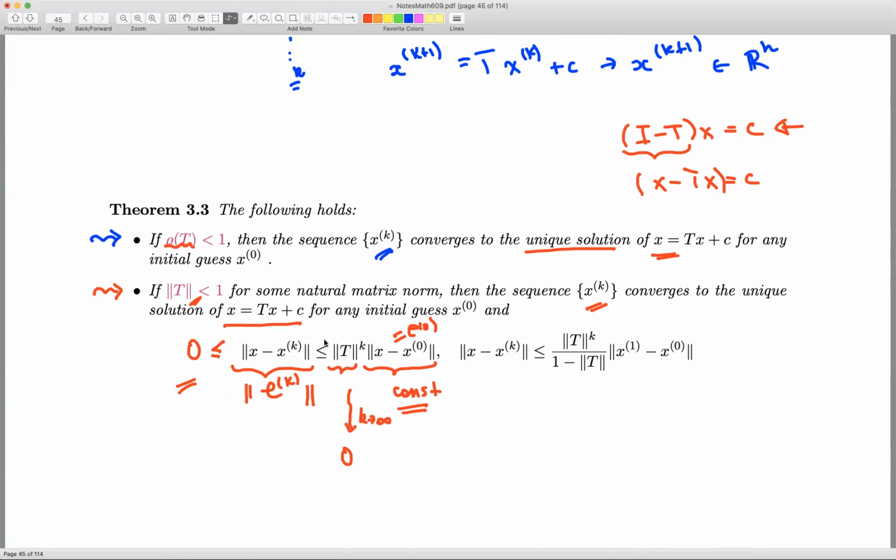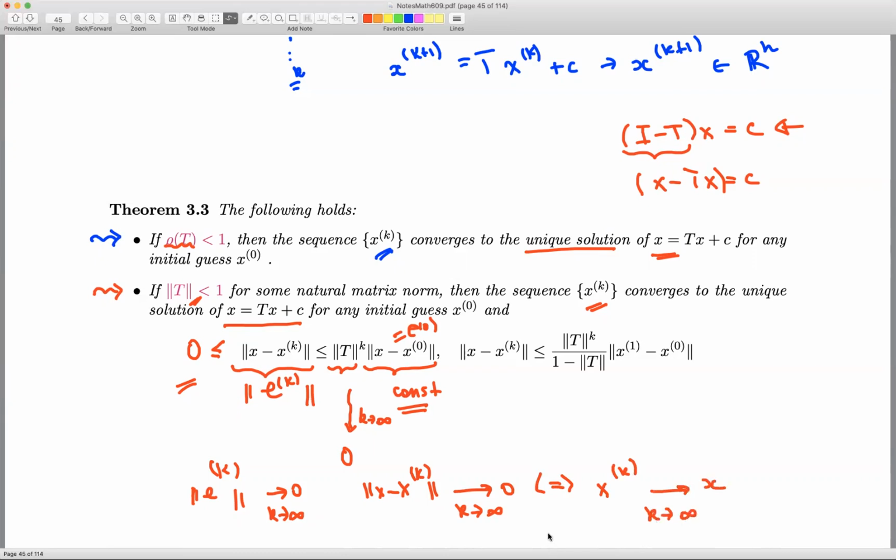On the right-hand side, we have an estimate that this norm is bounded by a sequence of numbers which goes to 0 as k goes to infinity, and therefore the vector norm of the error, associated to the natural matrix norm, will go to 0 as k goes to infinity, which is the same as saying that the norm of x minus xk goes to 0 as k goes to infinity, which is basically the same as saying that xk converges to x as k goes to infinity.